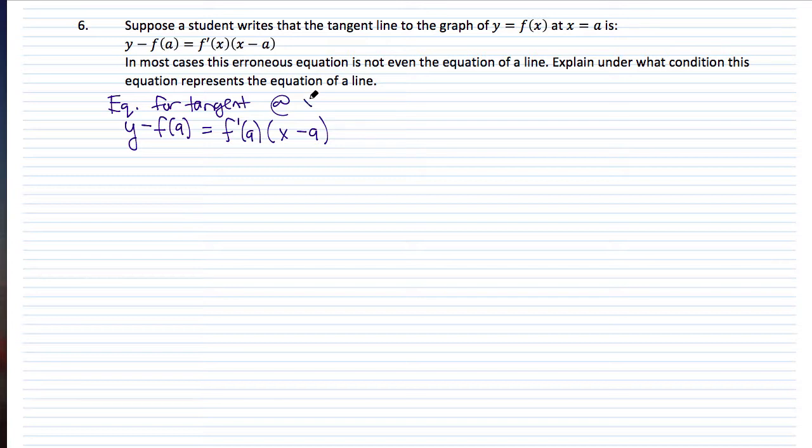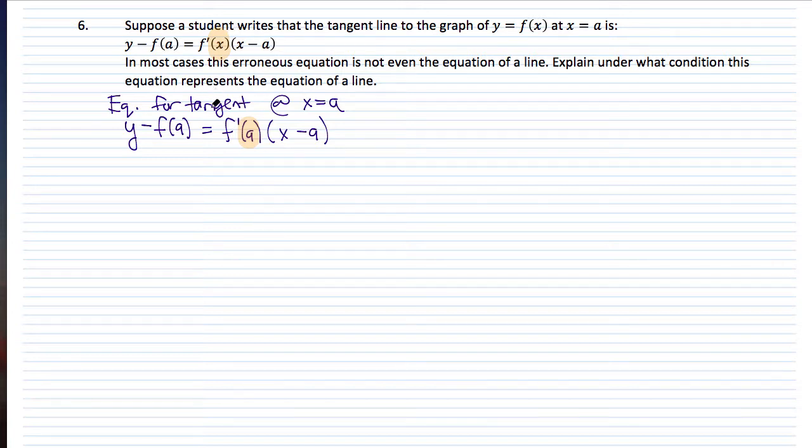at x equals a. So the difference, I can highlight, the difference is right here, which is the difference between f prime of a and f prime of x. So what is the difference between these two? Well, f prime of a means the derivative's value at the a coordinate.